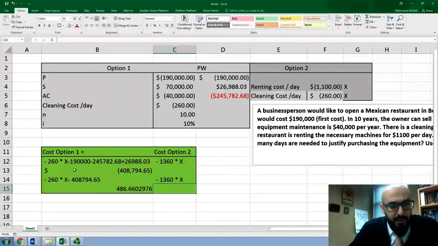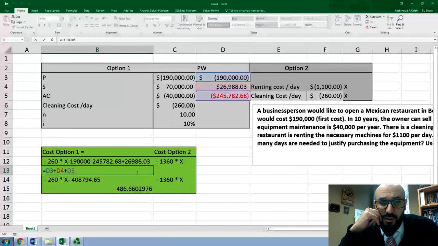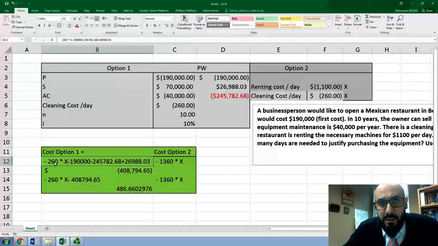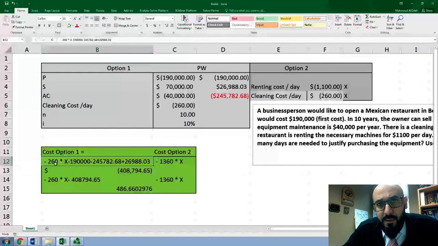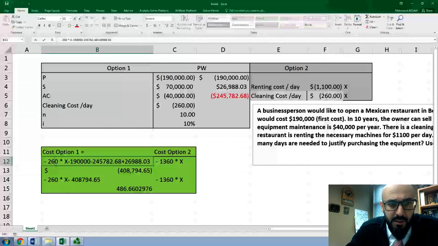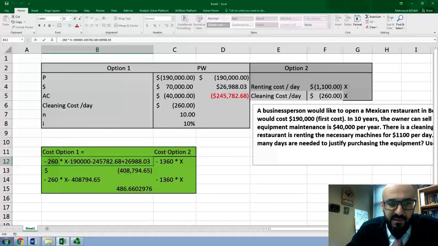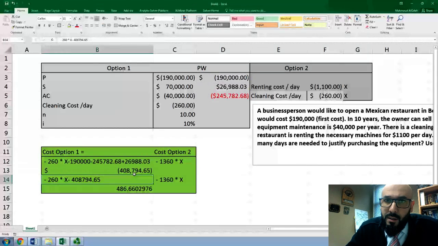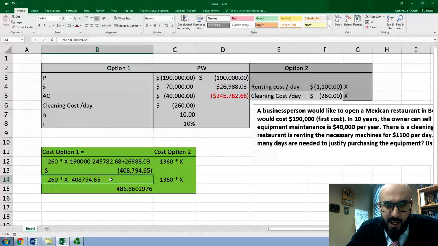Now, after we calculated all the costs, for option 1 the fixed cost is the present worth we calculated, and we only have one variable cost, which is 260 per day. So we build our equation. The total cost would be variable cost plus the fixed cost. The variable cost is 260, and make sure to put the negative sign because this is a cost, plus all the other expenses, which we calculated here as $408,000.